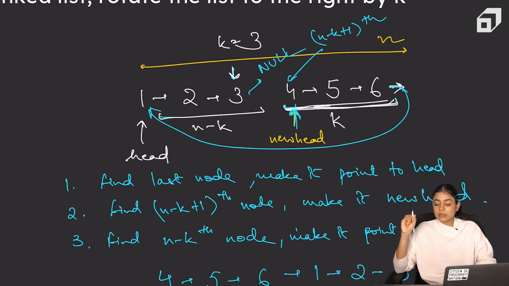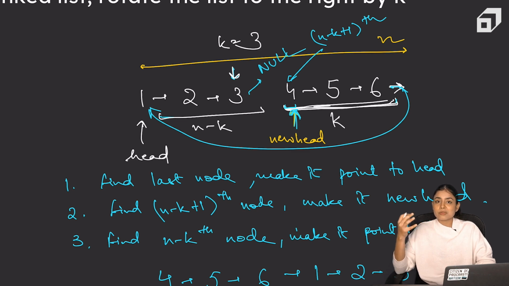Then I have to find the n minus k plus 1th node, and for this I'll also have to find n. So we'll have to find the number of nodes in my list. That I can do easily, just like we traverse our entire linked list. While traversing, we can keep a counter and keep increasing it to get the total number of nodes in my linked list.